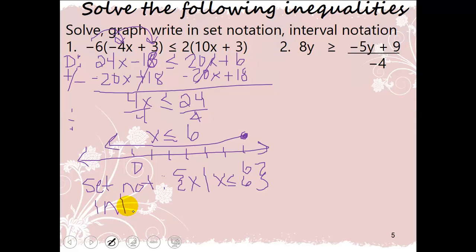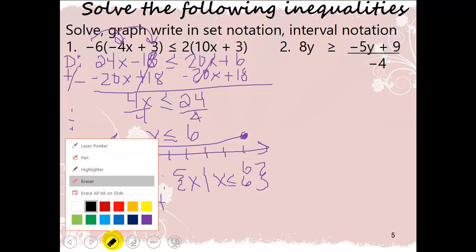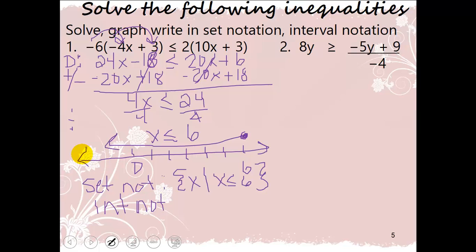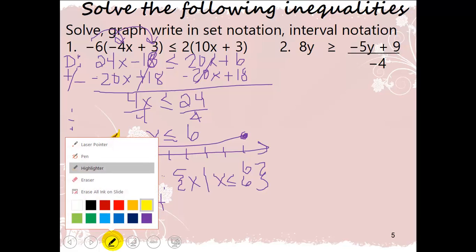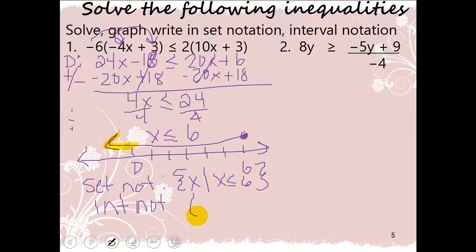Interval notation. It's going off to the left. So I have negative infinity, which requires a parenthesis, to positive 6. It includes 6, so that's a bracket.